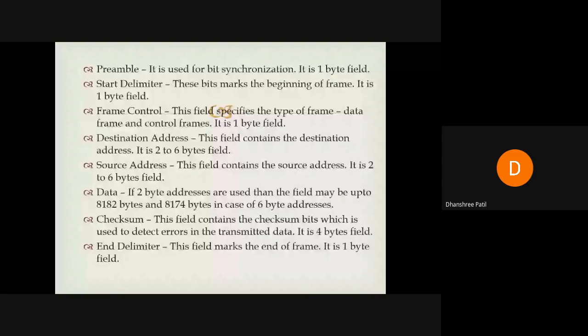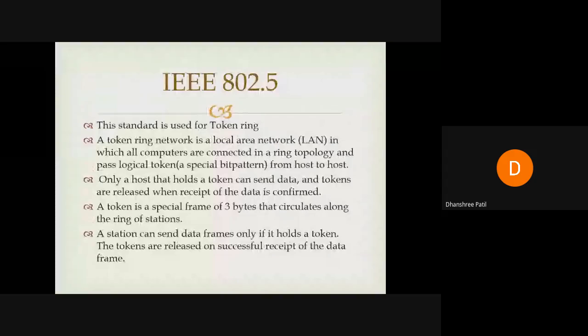So after 802.4, the next standard is 802.5, that is IEEE 802.5. So 802.3 is used for Ethernet, 802.4 is used for the token bus, and 802.5 is used for the token ring.